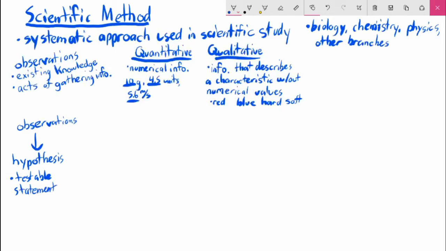And so from the hypothesis, we move into the first loop of the scientific method, which is experimenting. So somebody's going to conduct experiments, and an experiment is a set of controlled observations.